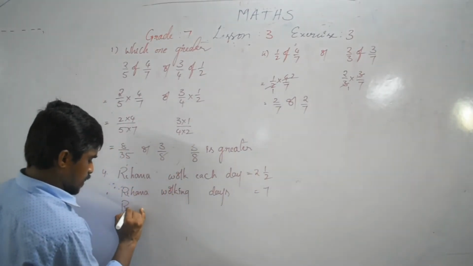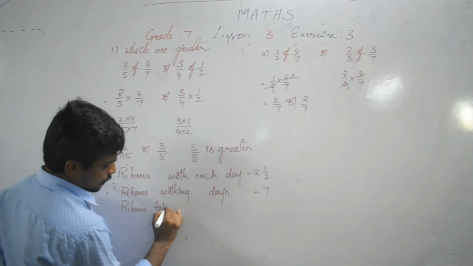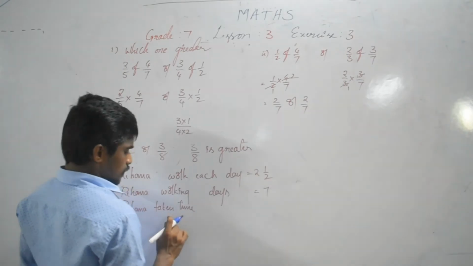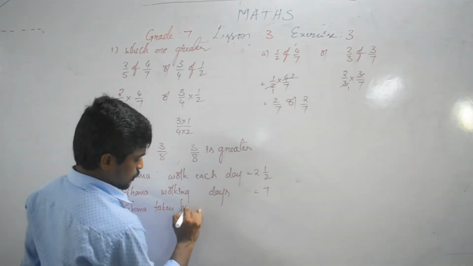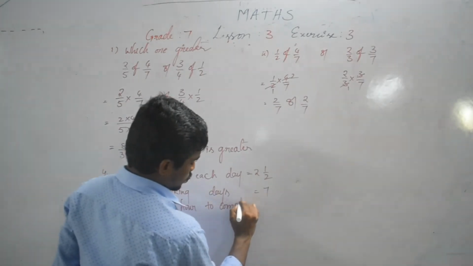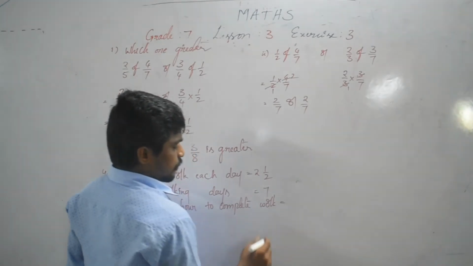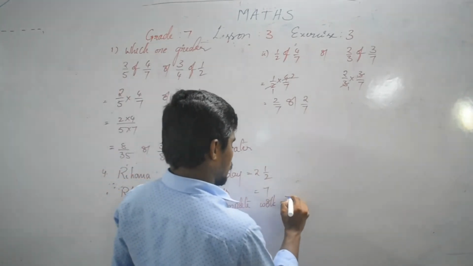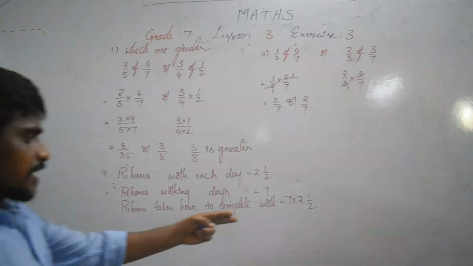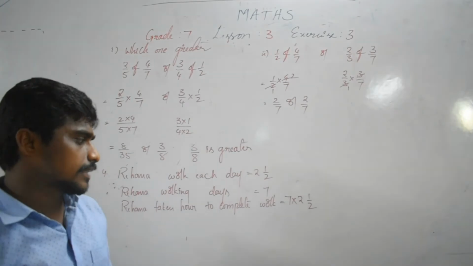So the time Rehana takes, the hours to complete the work. So how many hours? Each day 2.5. So 7 days, each day 2.5. 7 2s are 14, 7.5, 3.5.